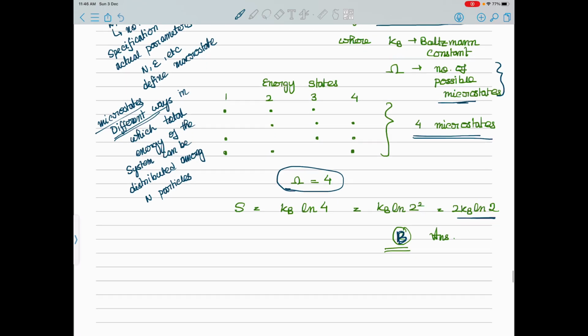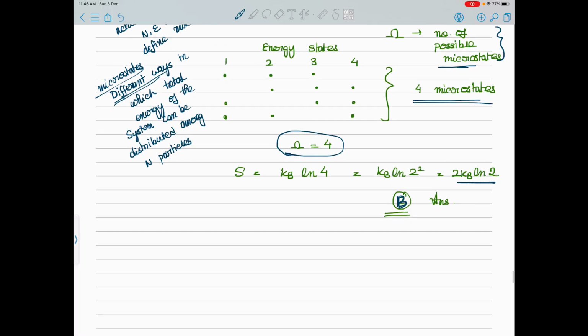So let us see what is the difference between macrostate and microstate with this very short example, particularly in case of indistinguishable particles. Suppose there are two particles present and two energy levels, epsilon 1 and epsilon 2.